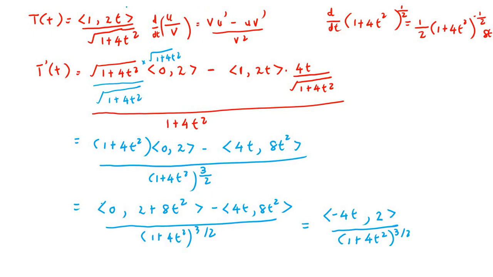Because we have u as a vector and v as a function of t, you use the quotient rule, d/dt of u over v is (u prime v minus u v prime) divided by v squared. So our work will be a little bit complicated for T prime t, because the denominator is a function of t, so finding the scalar magnitude is also a little bit troublesome. So you have to do it carefully.